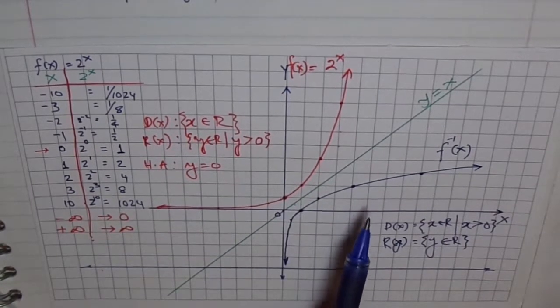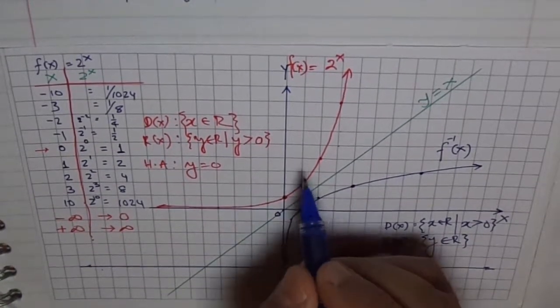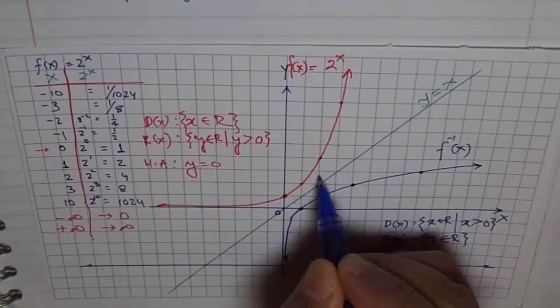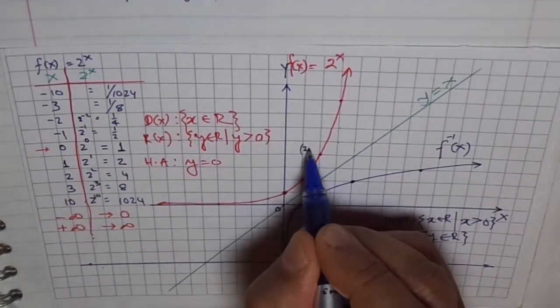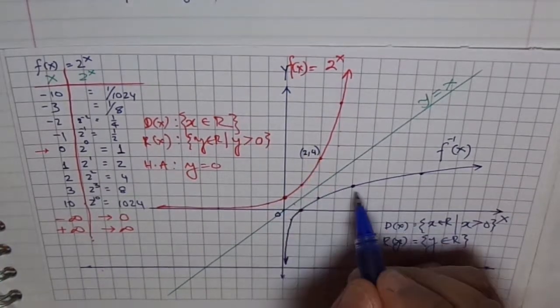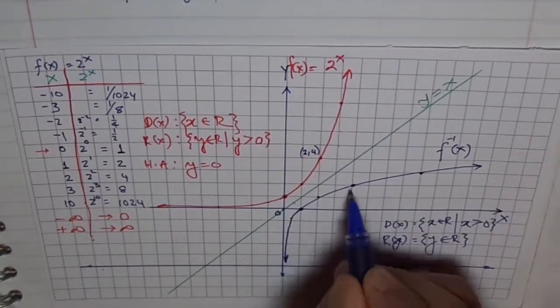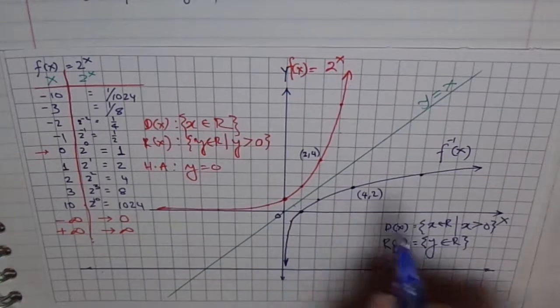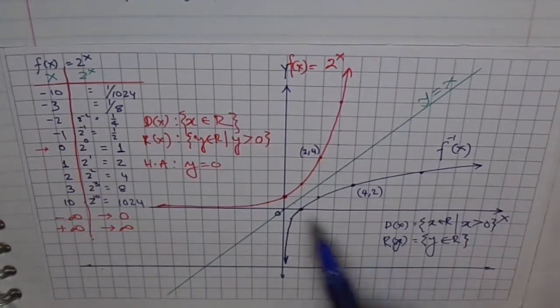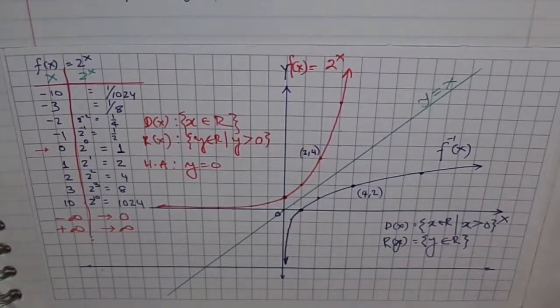Do you see that? This point, 2, 1, 2, 3, 4. This point is (2, 4). And where did it go? 1, 2, 3, 4 and 2. See how the points flip. Similarly, all the points flip and we get our beautiful inverse function.